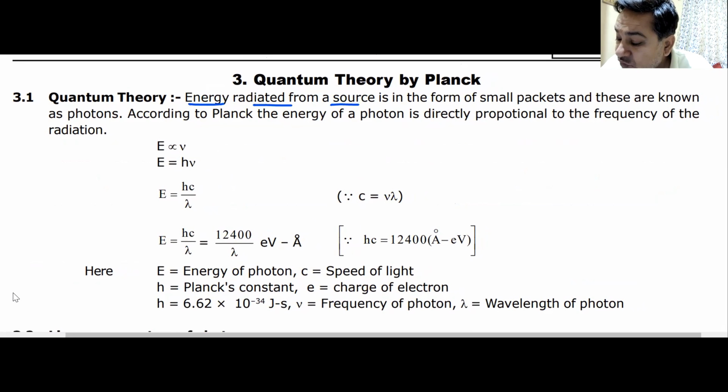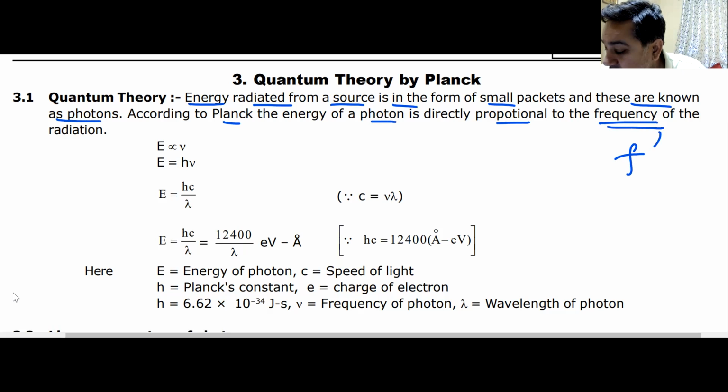Energy radiated from a source, which is light, thermal radiation, is in the form of small packets, like a packet of biscuits or chocolates. And these packets are known as photons. According to Planck, the energy of a photon is directly proportional to frequency. Do you know what frequency is now? F is the frequency. Do you understand this?